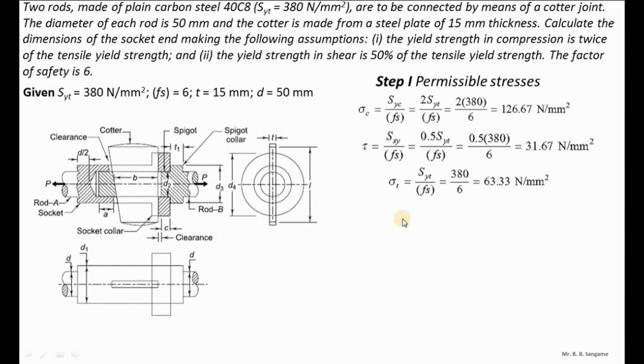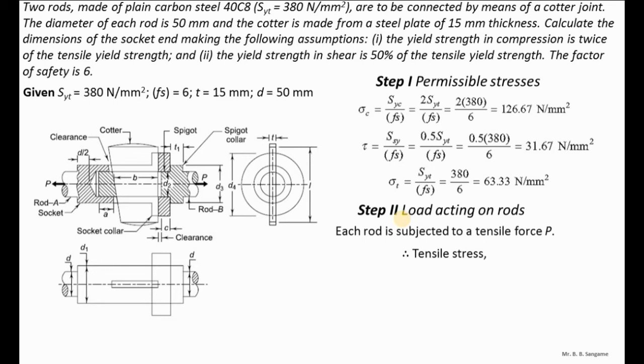Next is the load acting on the rods. In the problem we don't have the value of the load P, so we are going to calculate it, but we have the value of the diameter of the rod, which is 50 mm. After the application of force P, a tensile stress will get induced in the rods A and B, which are connected to the socket and spigot.